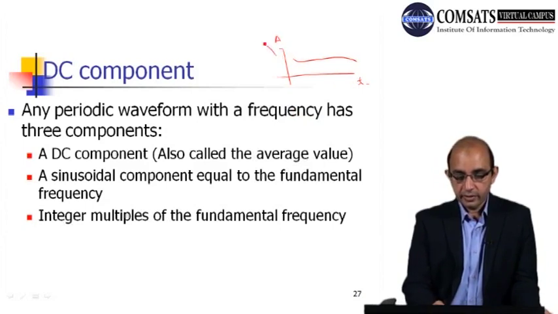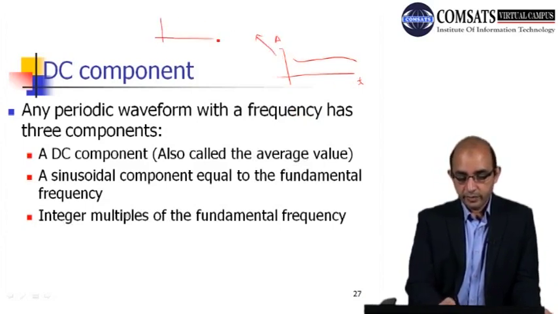If I move into the frequency domain, we will have a DC component, that is at 0 frequency, and then some other amplitudes, for example like this. So this is at f1, f2 and f3.